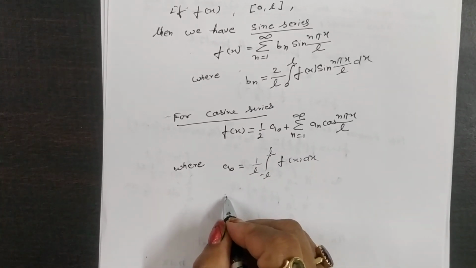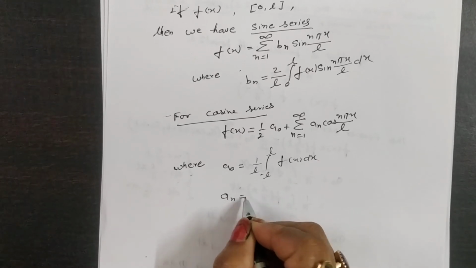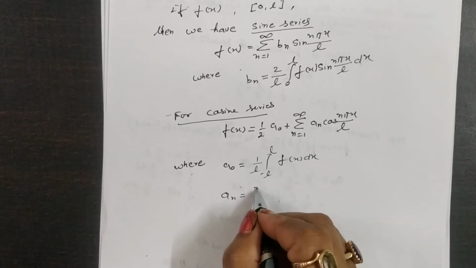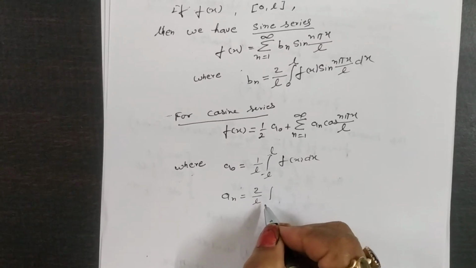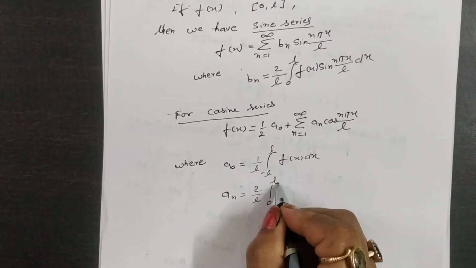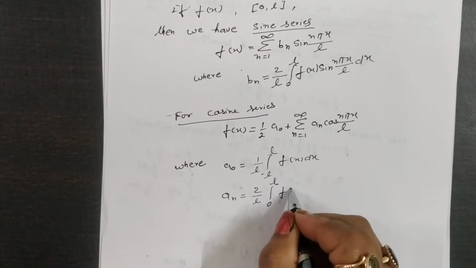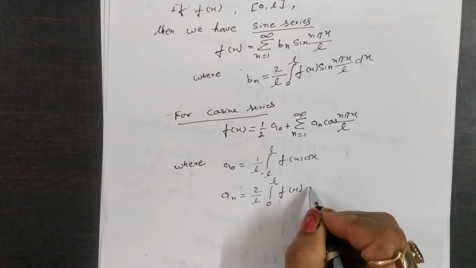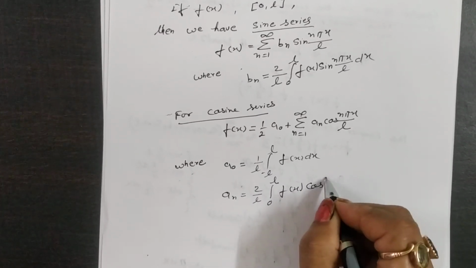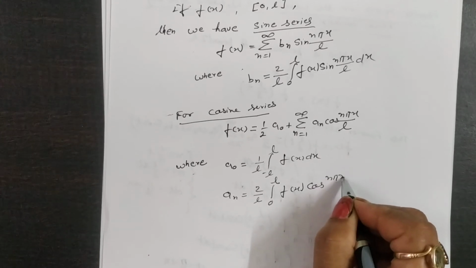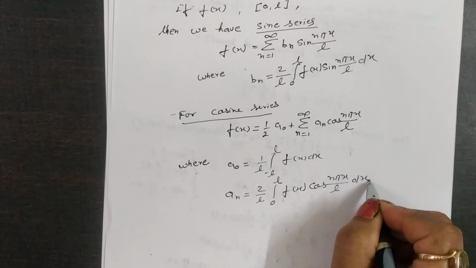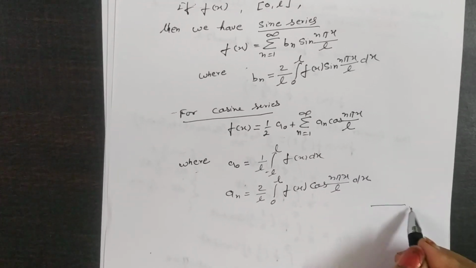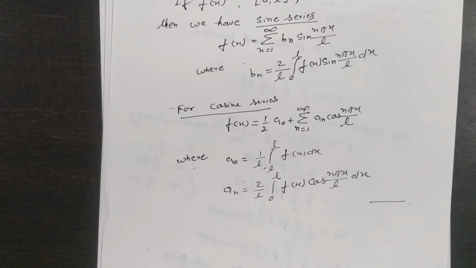And similarly an is equal to 2 by L, integral 0 to L, f of x cos n pi x by L dx. This is the form you can prove for the half series.